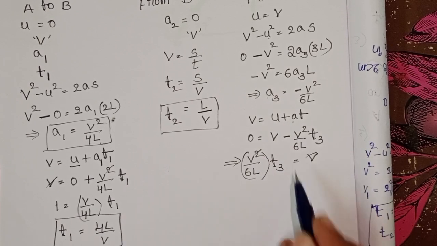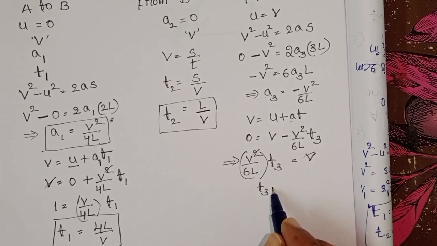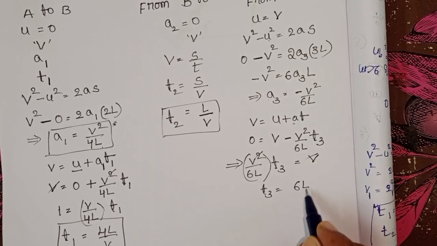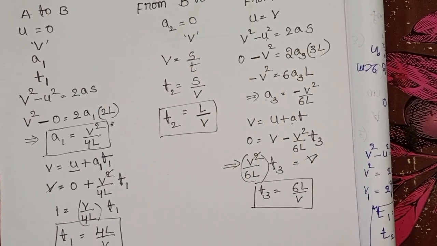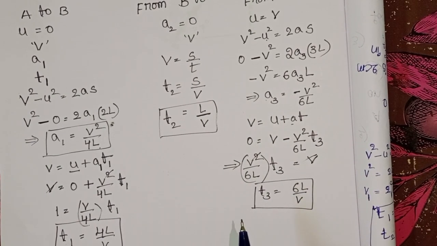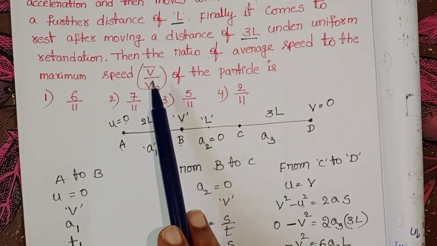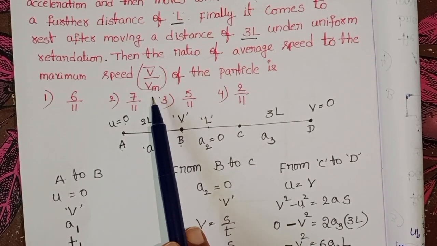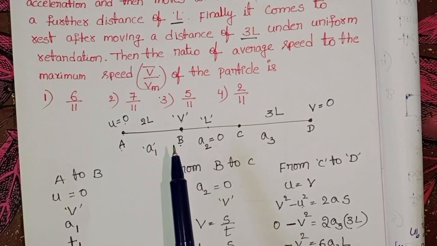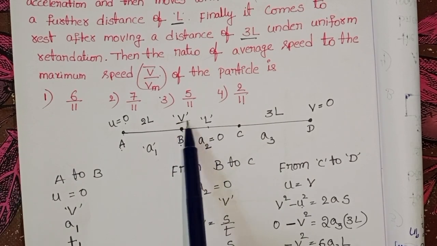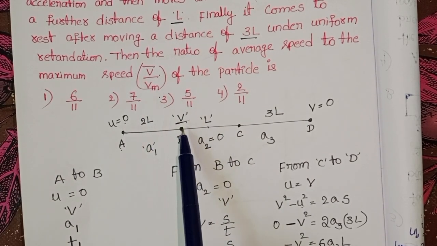Here one v gets cancelled. t3 is equal to 6l by v. Now we know the time taken by the particle in these three cases. Here we have to find the average speed to the maximum speed. Throughout the journey, the maximum speed of the particle is only v. So maximum speed is equal to v.